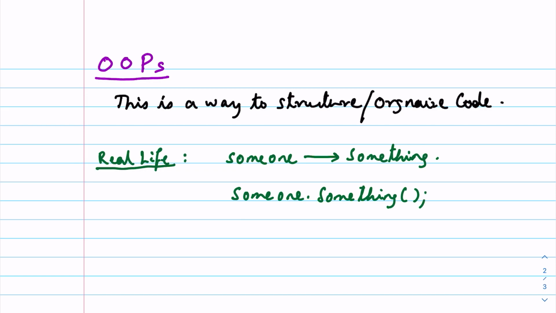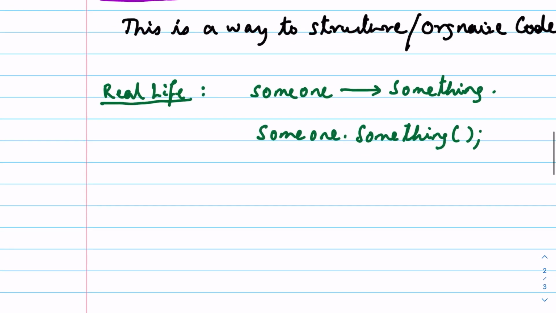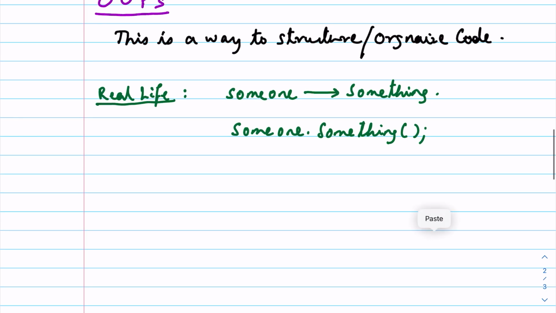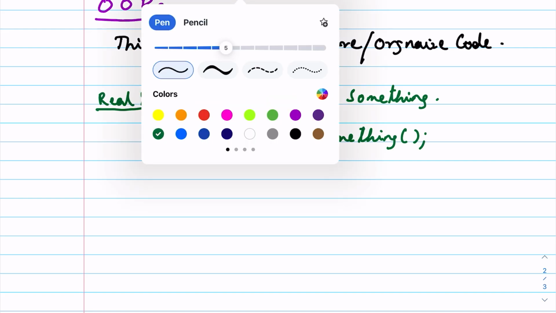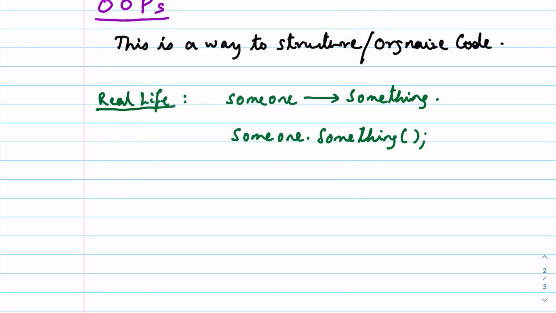Now let's get back to what existed before object oriented principles. There existed something called procedural language.